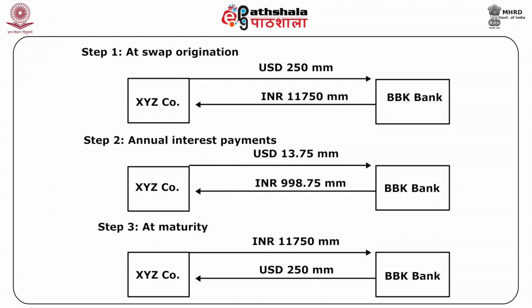In the first swap agreement with the Indian company, BBK Bank was paying USD and receiving INR. BBK Bank can mitigate this risk by entering into a swap contract with another counterparty where it receives USD and pays INR.